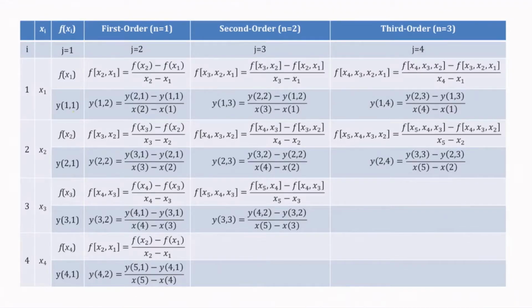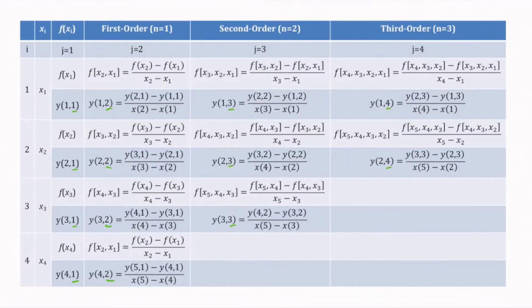By using a second index, I'm able to go from the first order, which has an index of j equals 2, to the second order, which is j equals 3, to the third order, which is j equals 4, and so on and so forth.